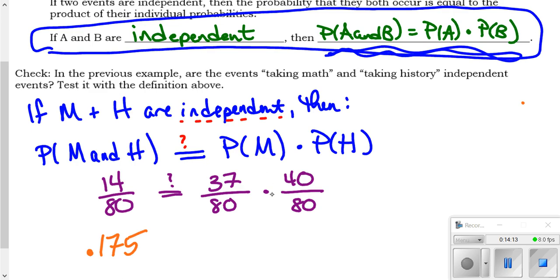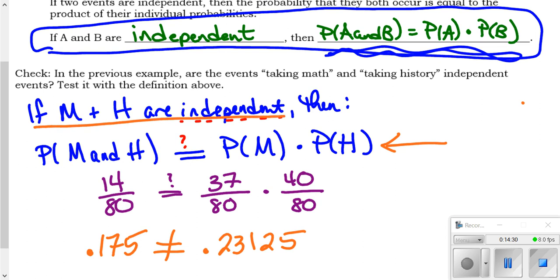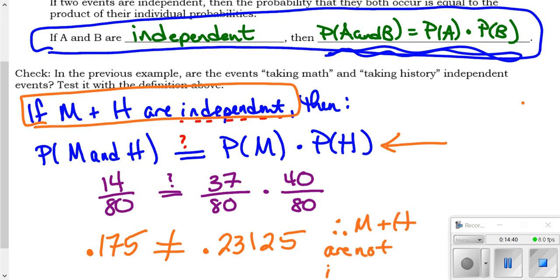This fraction times this fraction gave me the decimal 0.23125. Those two numbers are not the same. So what can I conclude? Well, since this equation wasn't true, then this statement cannot be true either. So I would say, therefore, math and history are not independent.